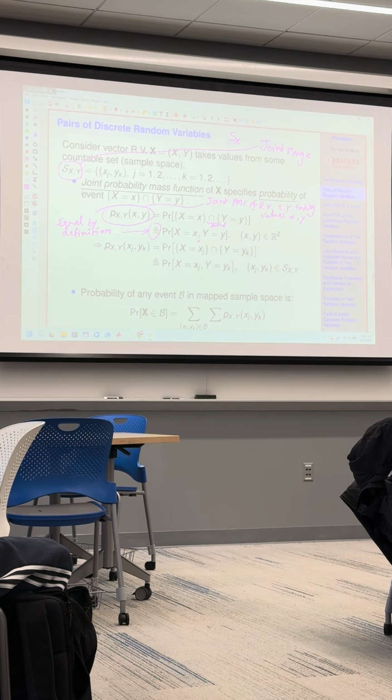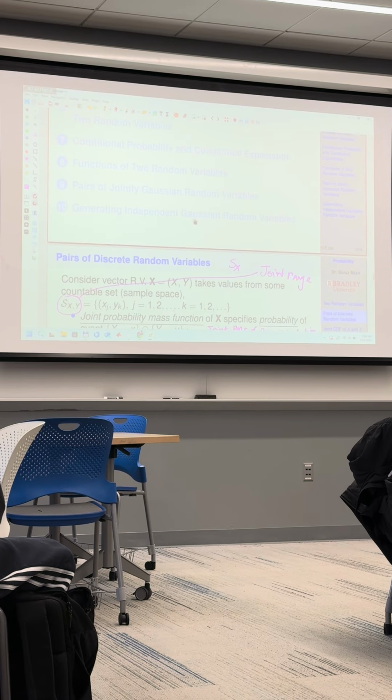For convenience, people write X equals x, comma, Y equals y, for x, y taking values from the two-dimensional real space. In case you have countable outcomes xj, yj, it's basically the same thing. So you just write X equals xj, Y equals yj.